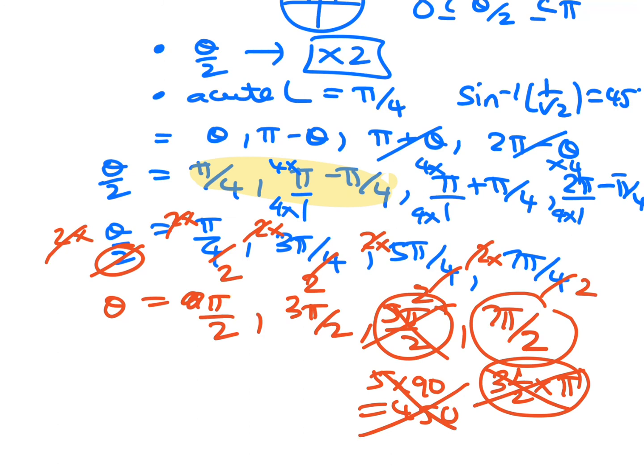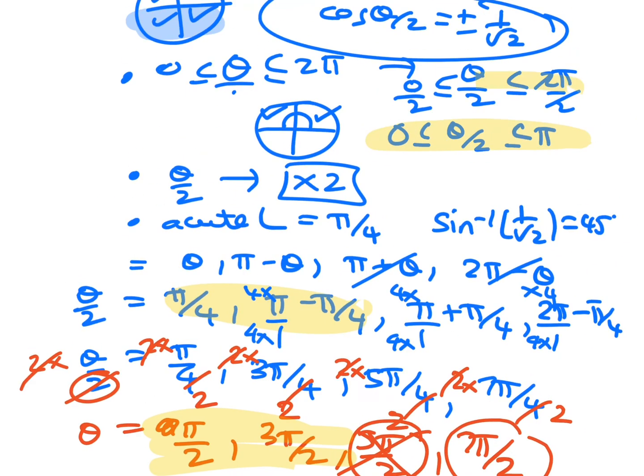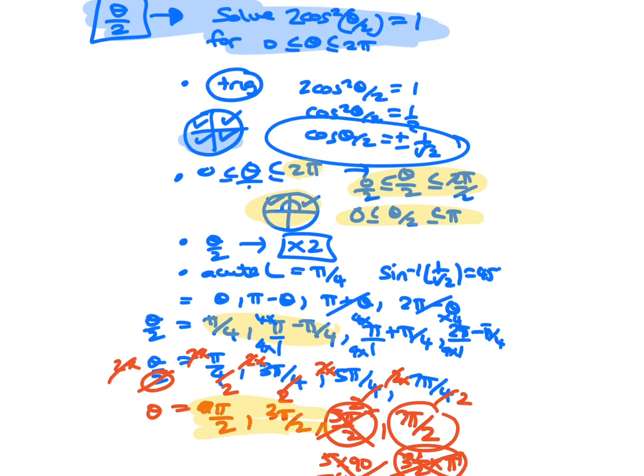See, that's why you always just take the first two quadrants because of this. Okay, when you divide 2 pi by 2, you actually only need the first two quadrants, and that's your solution to this equation. That one there.